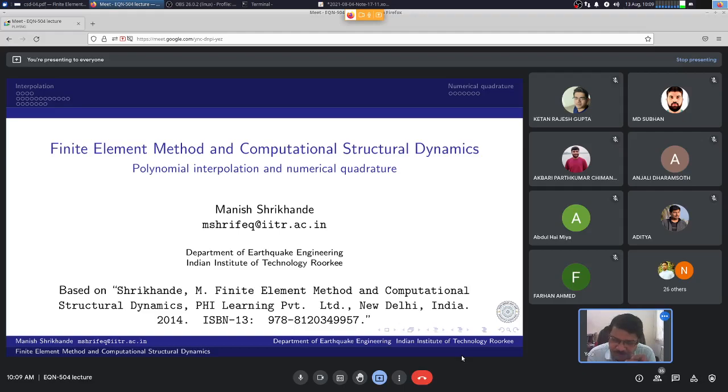And you may be aware that definite integral evaluation on a digital computer is eventually achieved by using what is known as numerical quadrature schemes.